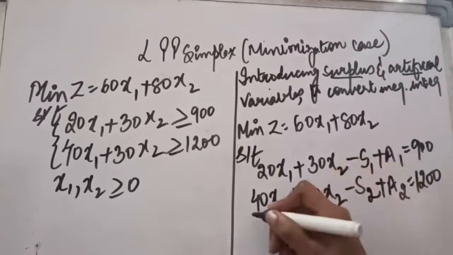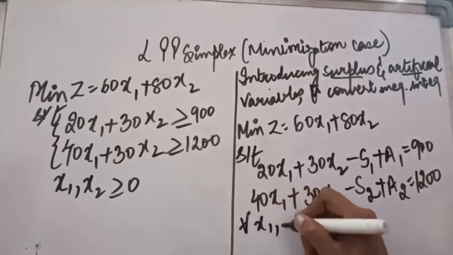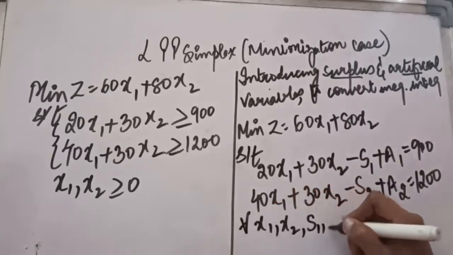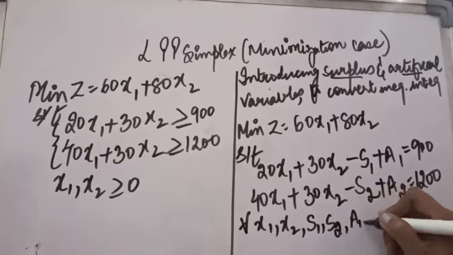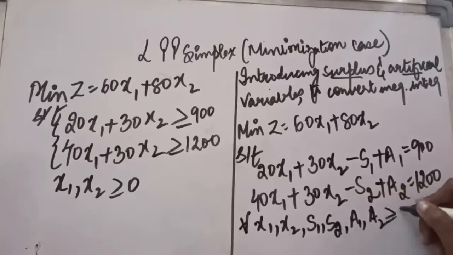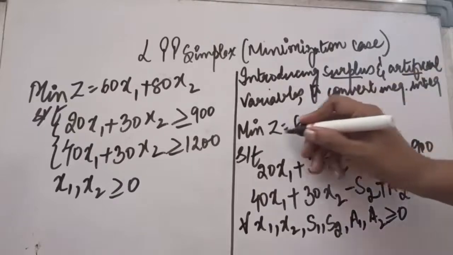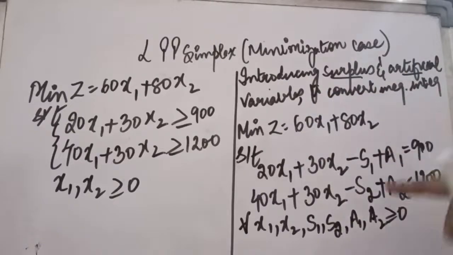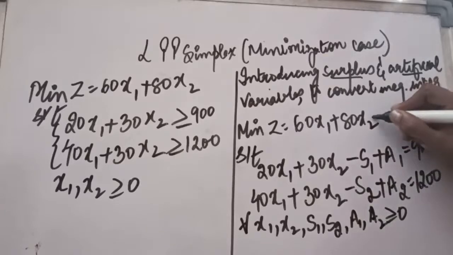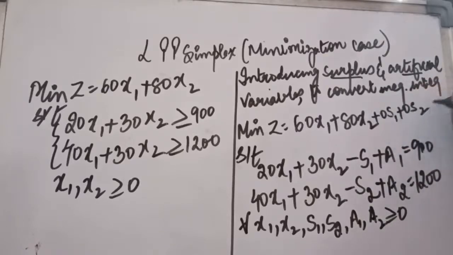In the last we will write: x1, x2, s1, s2, a1, a2, all greater than or equal to 0. Now one change will come in minimize z as well because four variables have come. s1, s2 will come with 0 coefficient, but a1, a2 will come with M as coefficient: Ma1 plus Ma2.